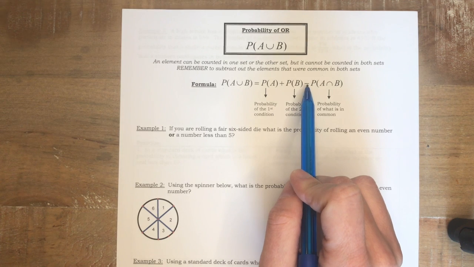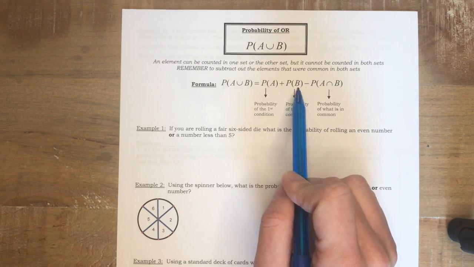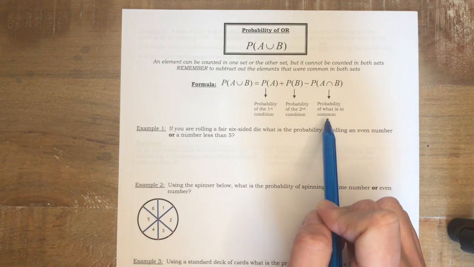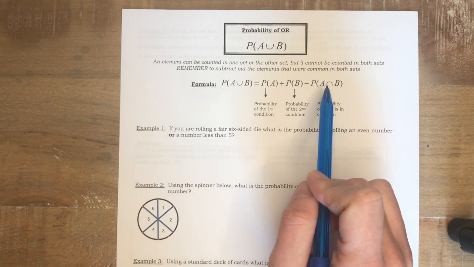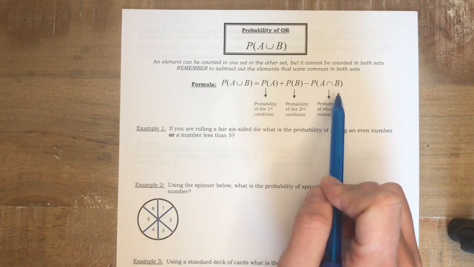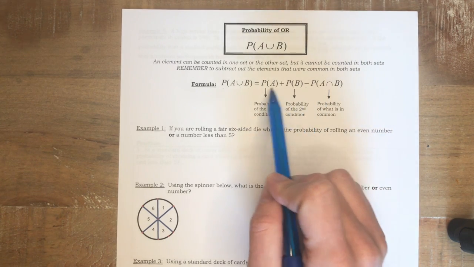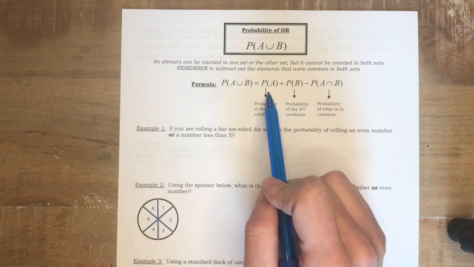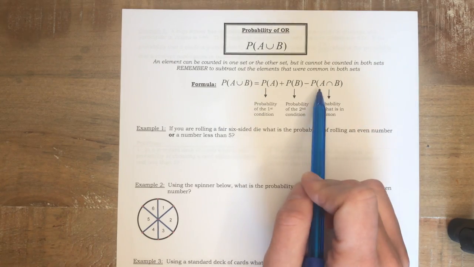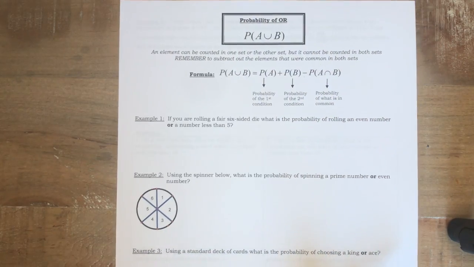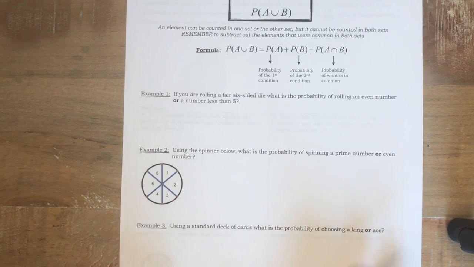And then you have to subtract, well, is there a possibility that it could be both red and queen, for example? We have to take that away. We don't want to count that twice. Okay, so that's what this part is saying. If it's not possible for these 2 to happen at the same time, then there's no need to subtract it out. So it depends on the example.